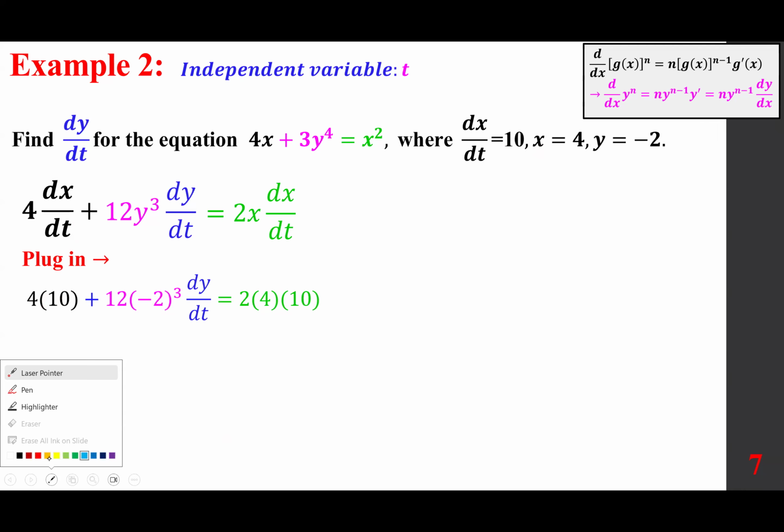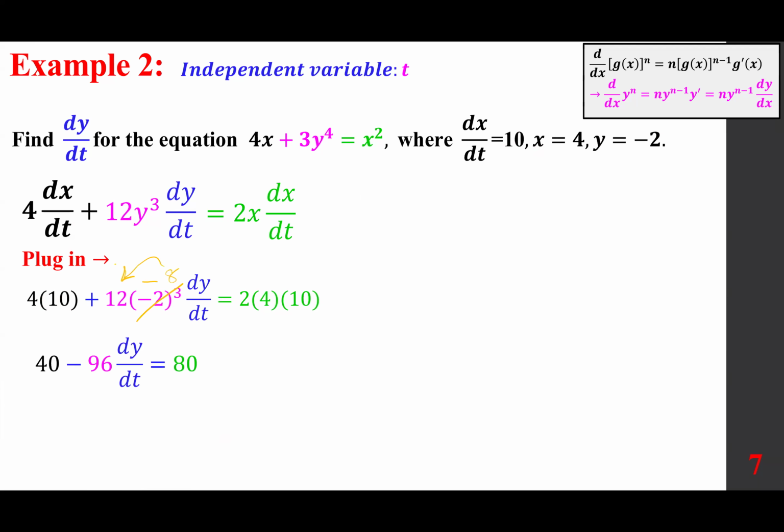This one, minus 8 times 12 is minus 96. We move the 40, subtract it from 80. We get negative 96 dy/dt is 40.